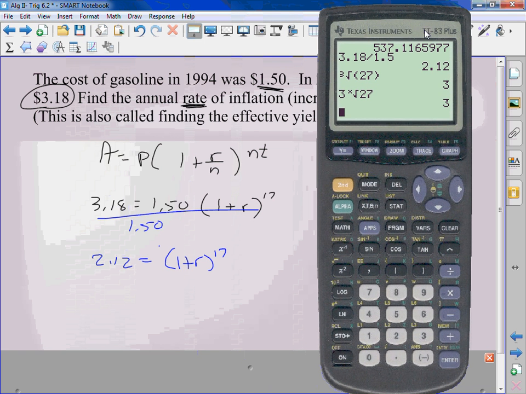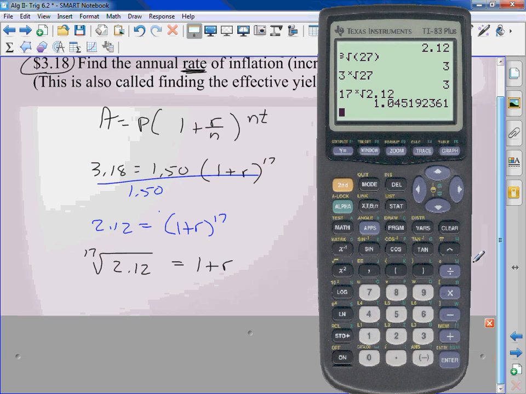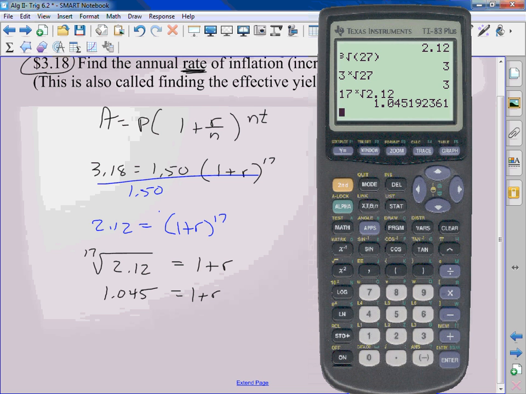So what do I have here? I have the 17th power, so I really need to take the 17th root of 2.12. I'm going to take the 17th root. So 17, math 5, 2.12. And I get 1.045, I'm going to go 1.045 equals 1 plus R. Are we okay up to here?